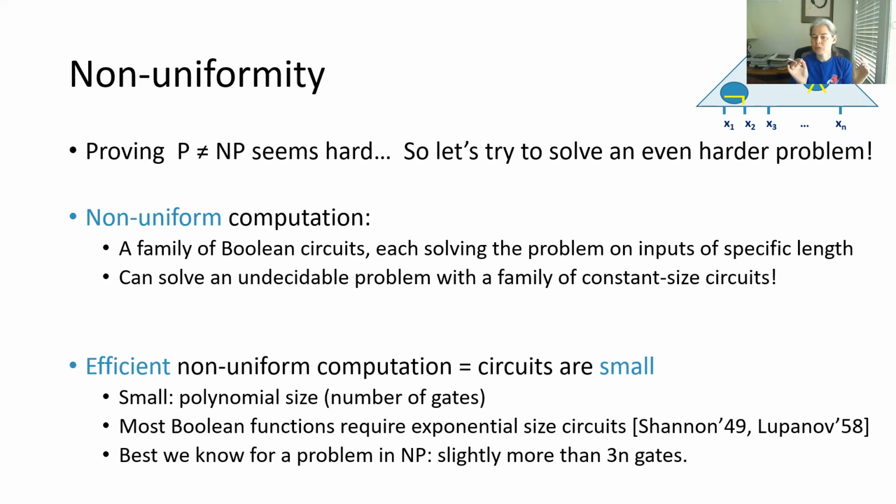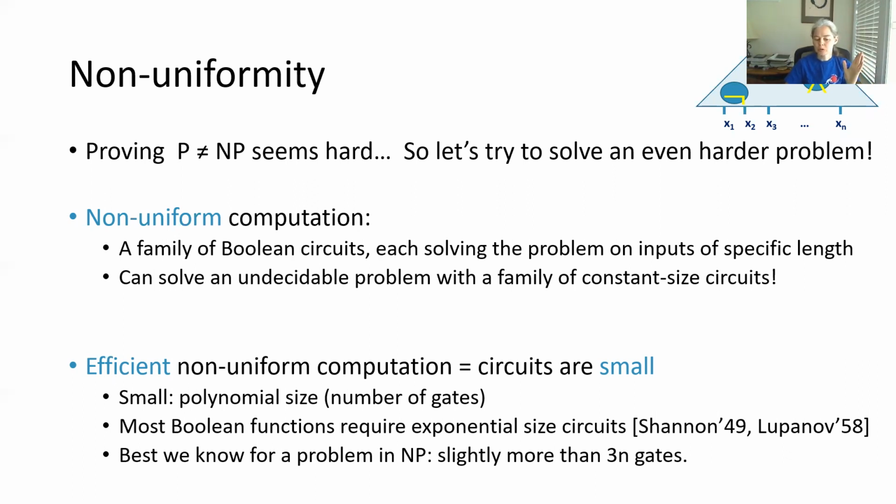And by the way, a Turing machine can easily be converted into a sequence of circuits. There is a very streamlined construction: for a given N, from the description of the Turing machine, it's easy to build a circuit.